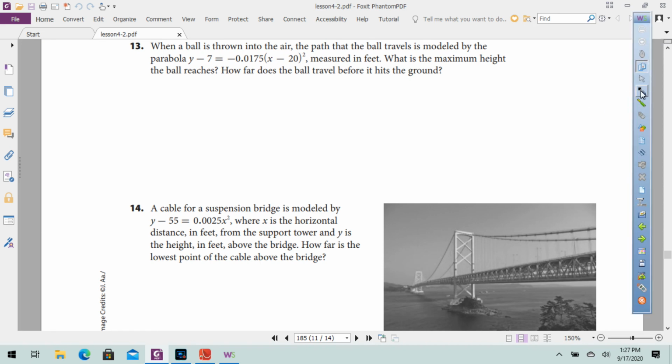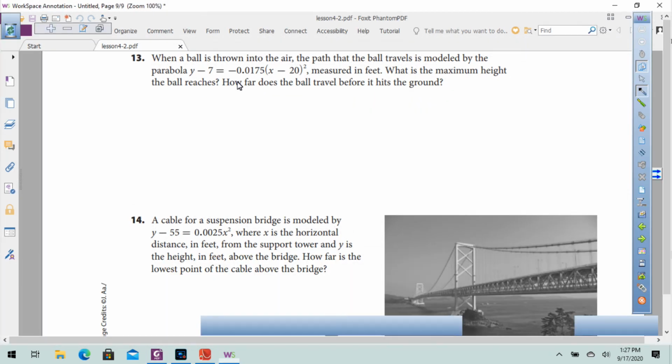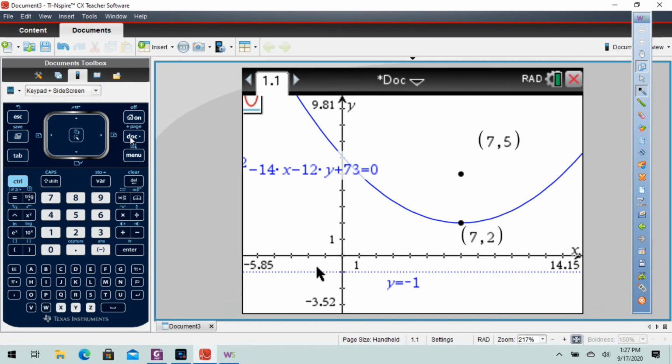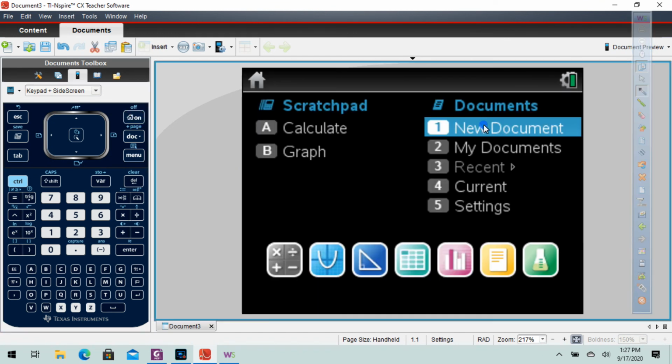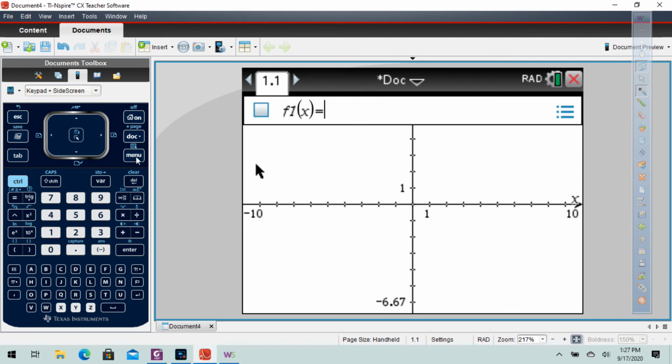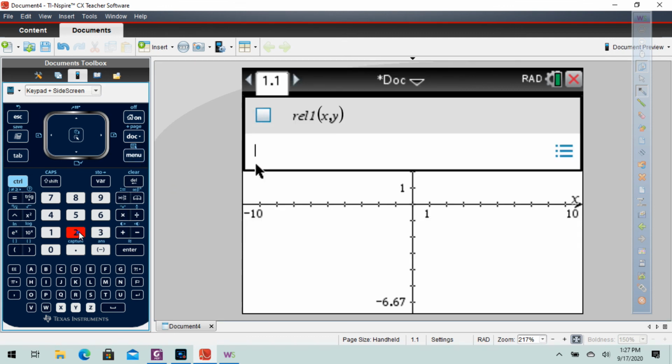I think what I would do on a problem like this, I mean, you can get it all right out of there, but what if we were to go into our calculator here, on, one, no, and go to graphs, menu, 3, 2, and we're just going to graph it.